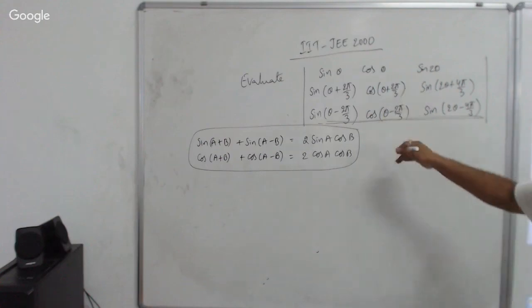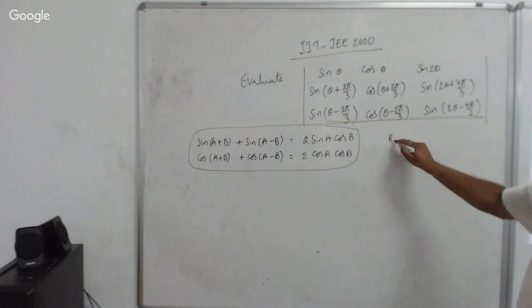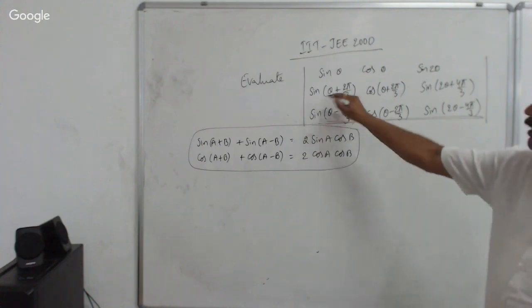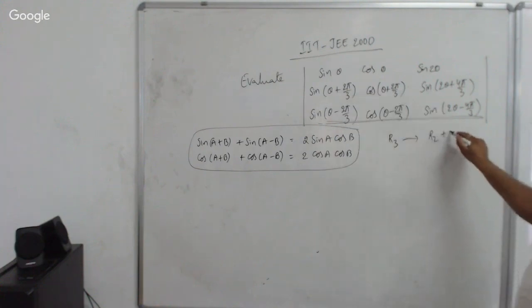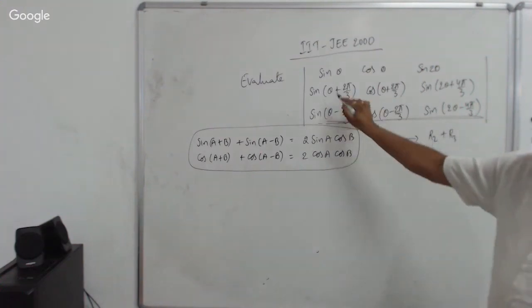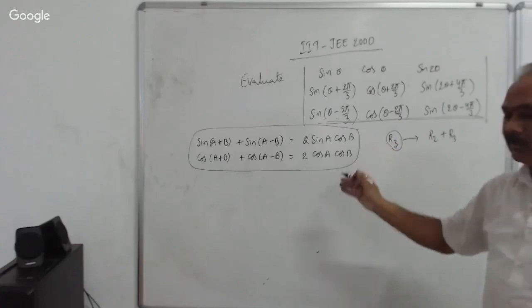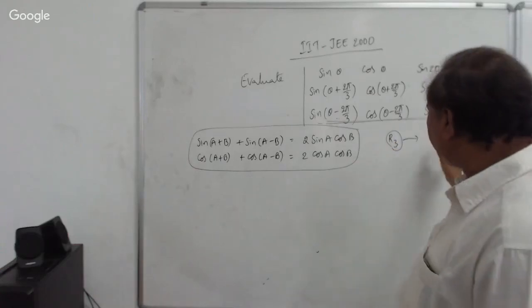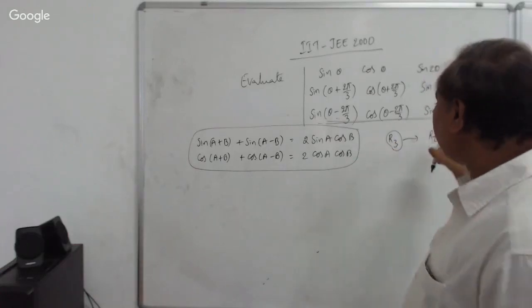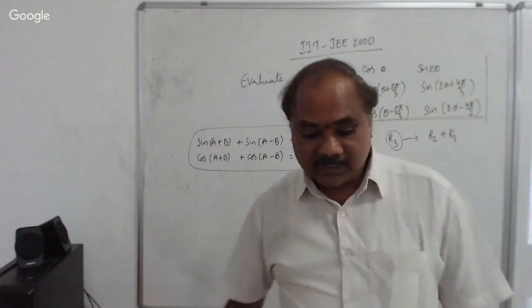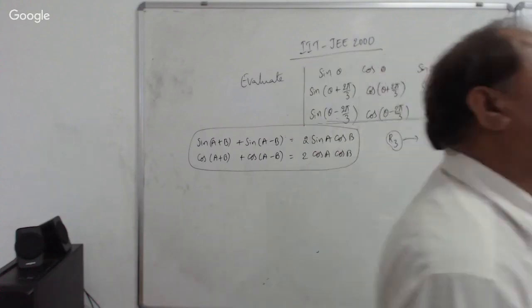I'm giving a small hint for this. Instead of R3, write down R2 plus R3. Write it down here directly. After applying this operation, you'll get a clear idea about the answer.